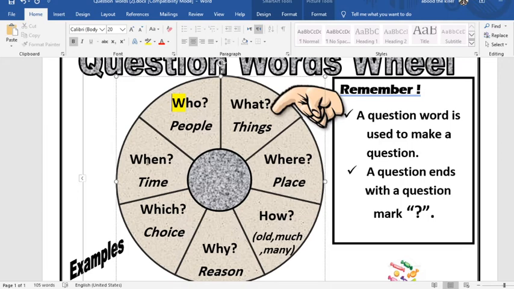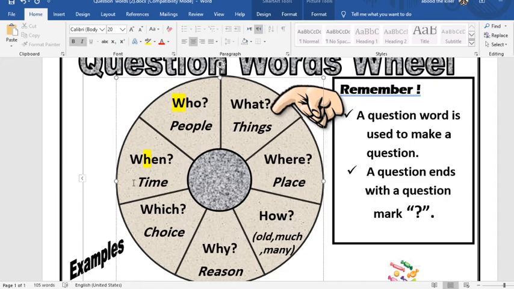Now, number two, when. Be careful, with when the silent letter is H. So we use when we need to ask about the time of something. When do you wake up? I wake up early. I woke up yesterday at 6 o'clock.